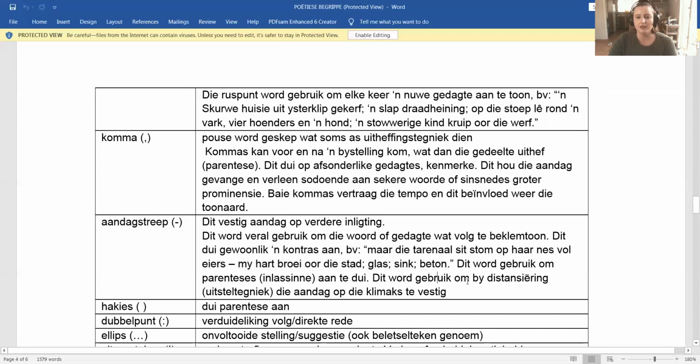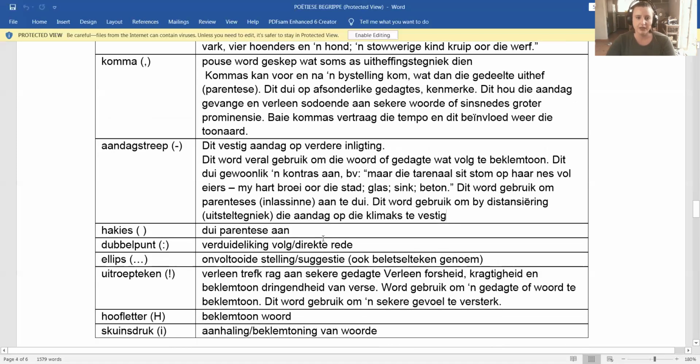This is basically used to indicate parenthesis, and it distances a certain thought that was already said and pulls attention to the thought that the poet wants you to see.